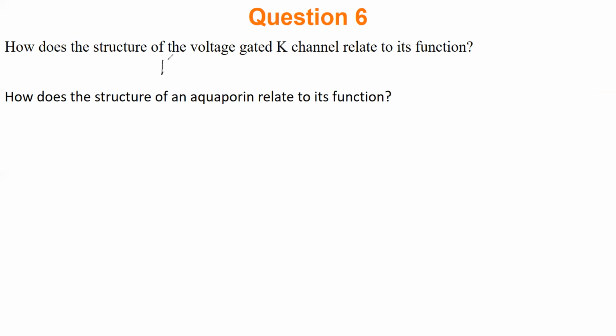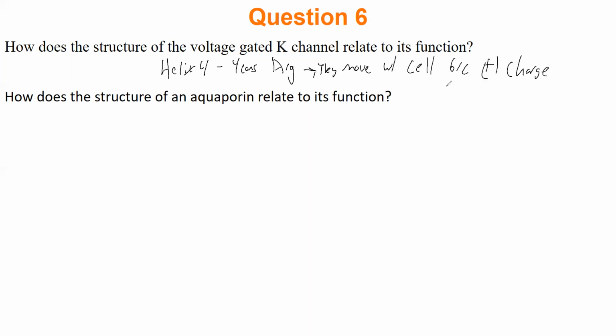Well, helix 4 has 4 conserved arginines. They move when the cell becomes positive in charge, which opens the channel.